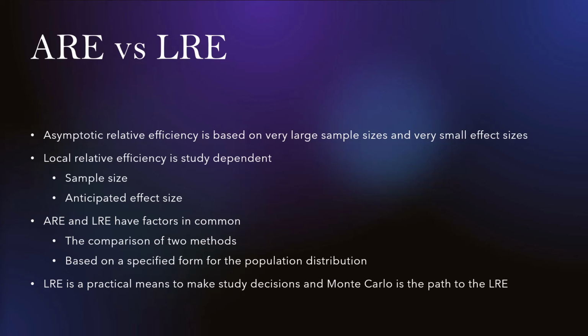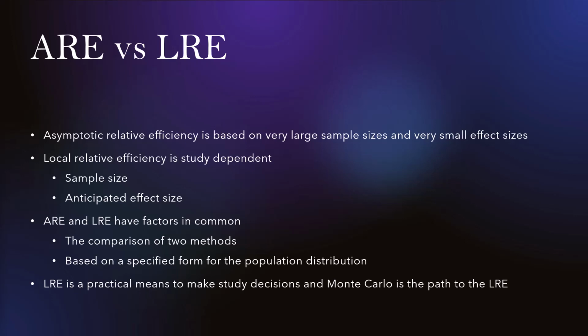So we're not going to mathematically derive local relative efficiencies. But the nice thing is now with Monte Carlo methods, as you've discovered, we don't need to mathematically derive, we can do it empirically. Asymptotic relative efficiency and local relative efficiency have factors in common. Both of them compare two statistical methods. For example, we might compare the Wilcoxon signed ranks test to the t-test. And both are based on a specified form for the population distribution.